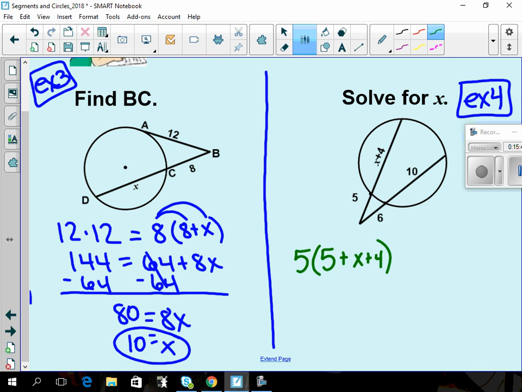Inside the parentheses, I had to add the 2 pieces, right? So if I'm thinking about it, it's outside times the whole. The whole piece is the green. You have to add them together, okay? Whereas the outside piece is just the 5. You okay with that? Outside times the whole.